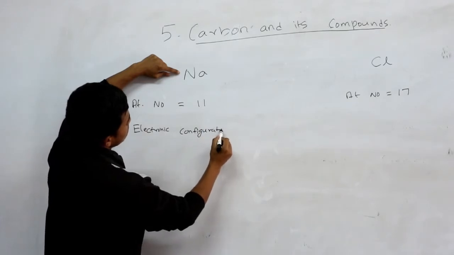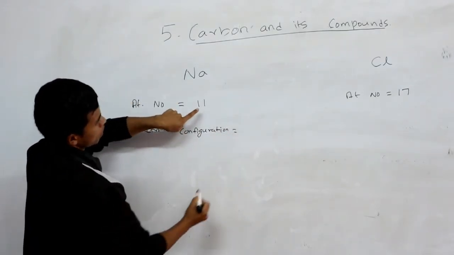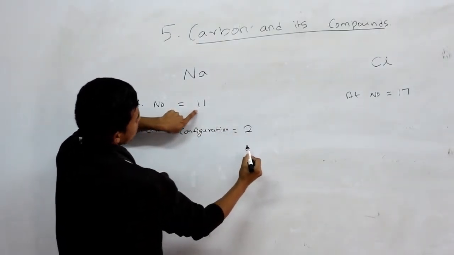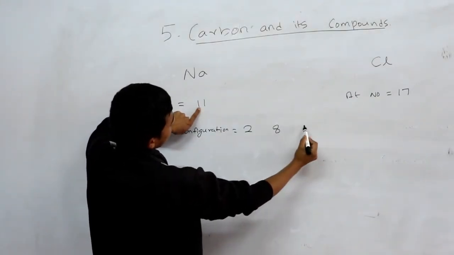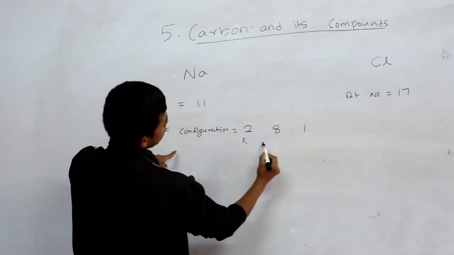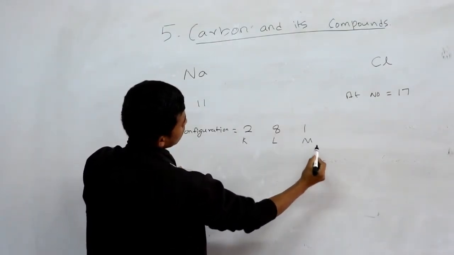So the electronic configuration of sodium, because it is 11, will be 2 in the K shell, then 8, which makes 10, and then 1 more, in the K, L, and M shells.